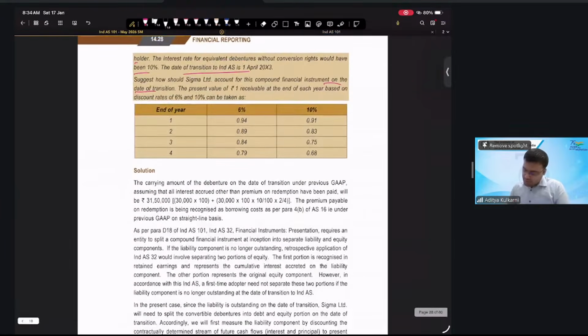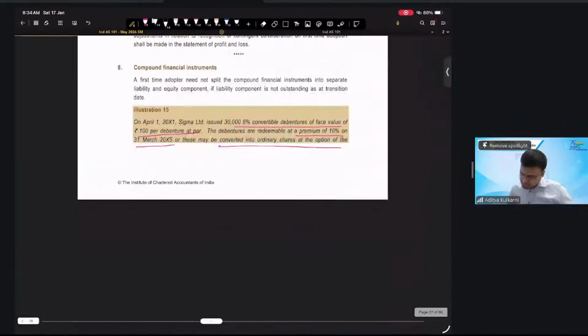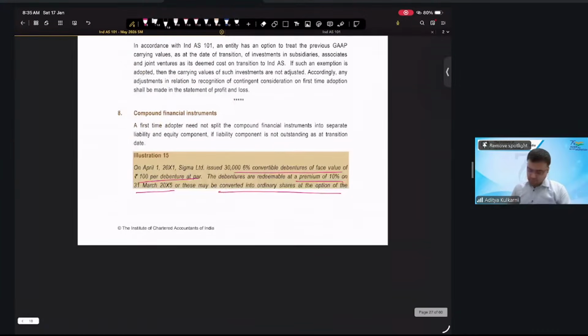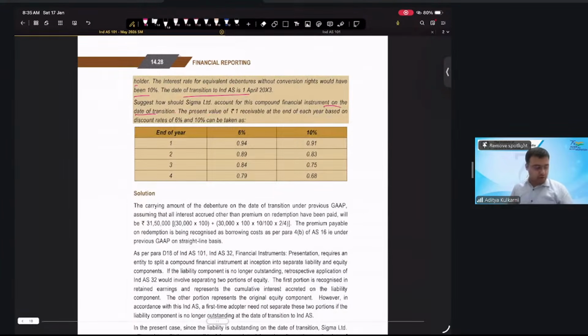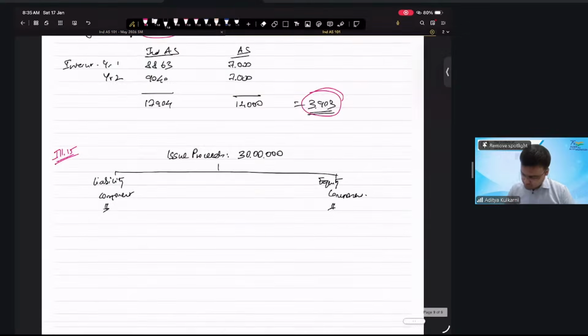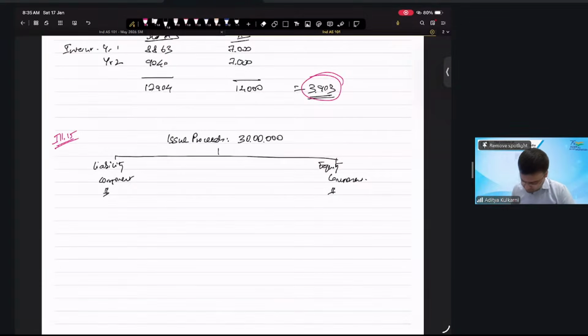So now when I look at the liability component, there is a coupon of 6% over a period of 4 years. So 30 lakhs into 6% into 3.17.